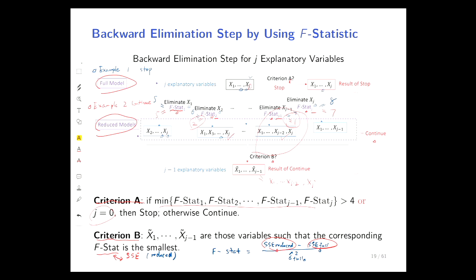If you still remember the meaning of the sum of squared error, it measures the goodness of fit for the regression model. So criterion B actually comes from minimizing the sum of squared error for the regression model. Remember this, because in today's topic we are going to use the sum of squared error to help us accomplish variable selection instead of the F statistic.